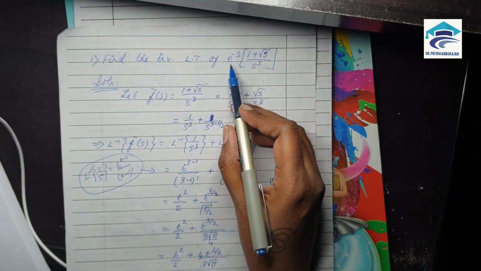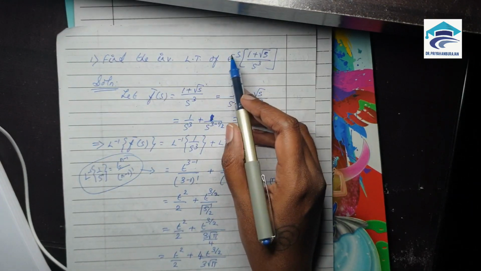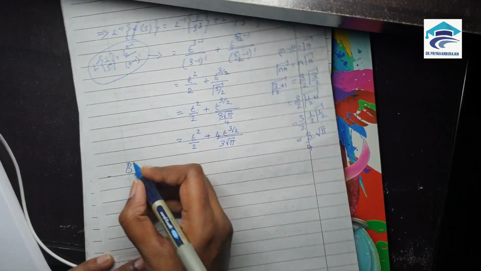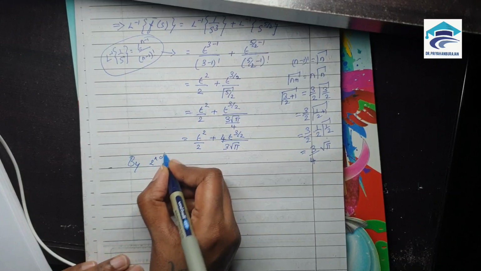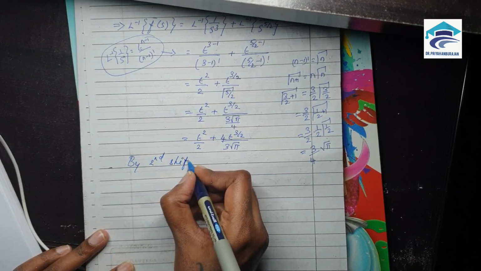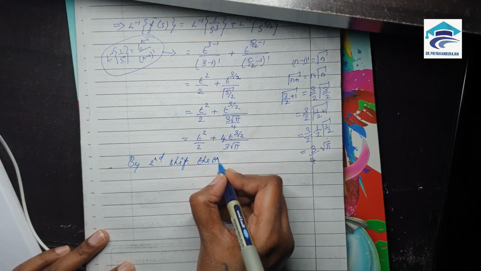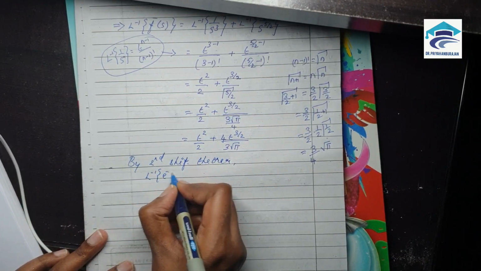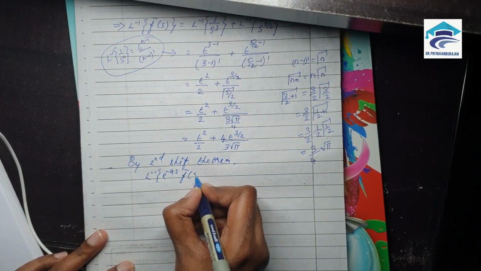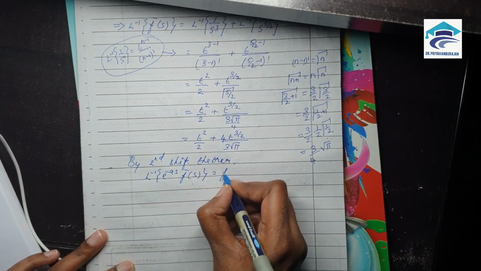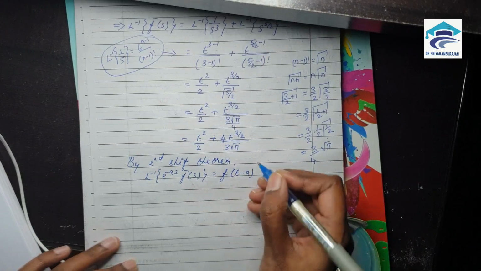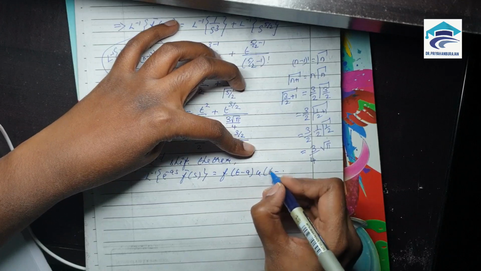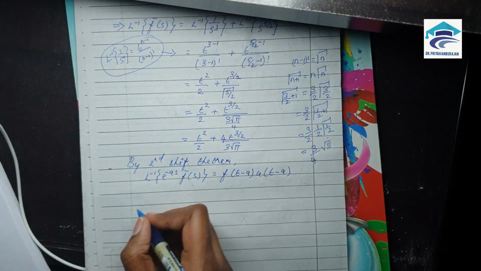Further we have the exponential term, so I am going to use the second shifting theorem, which states that L inverse of e power minus as f bar of s is equal to f of t minus a into u of t minus a, where u is the unit step function.